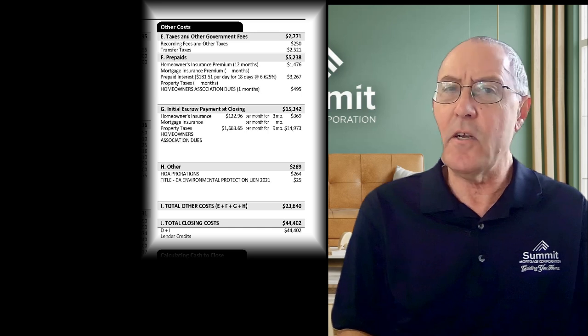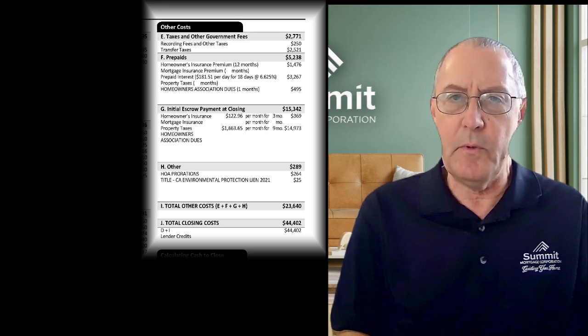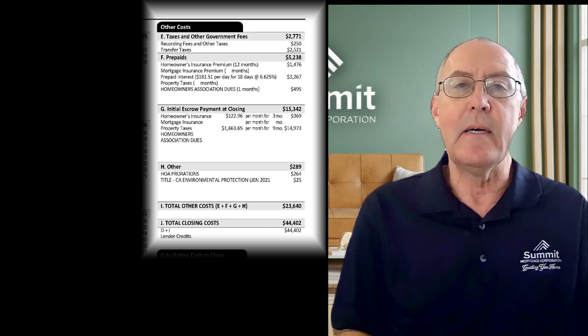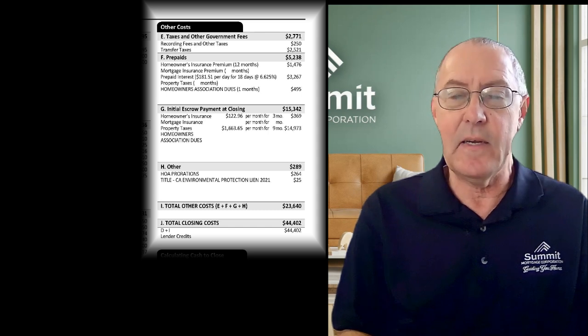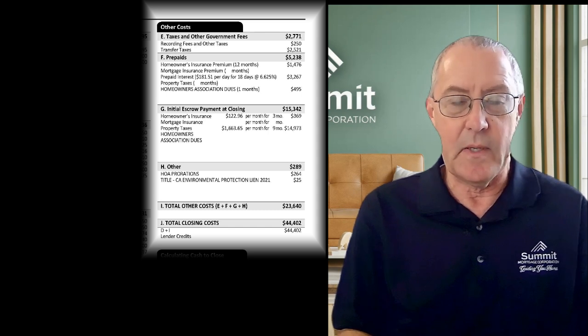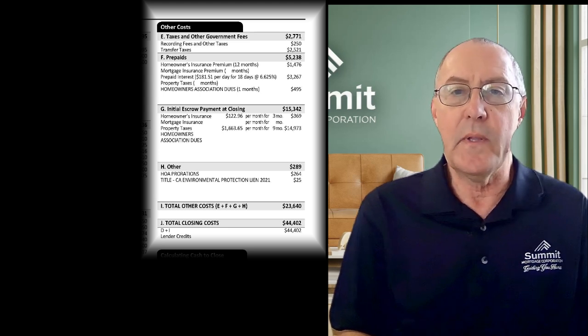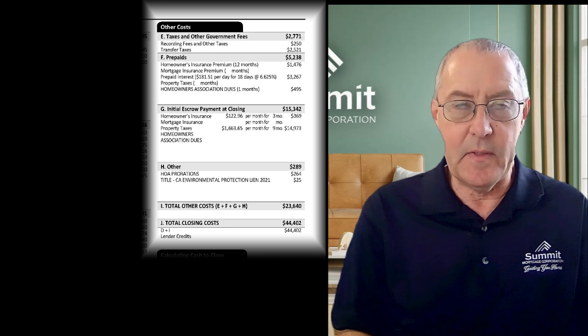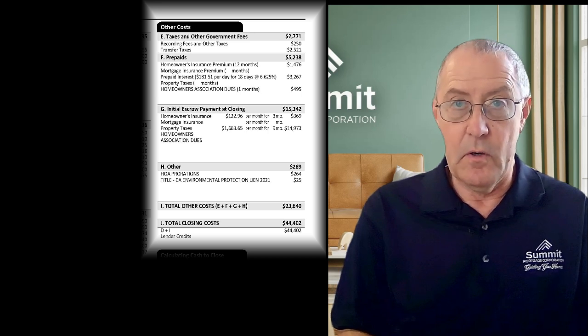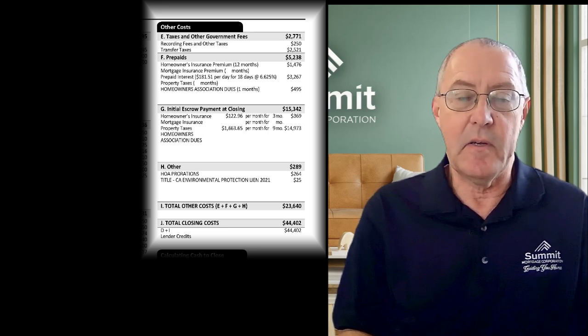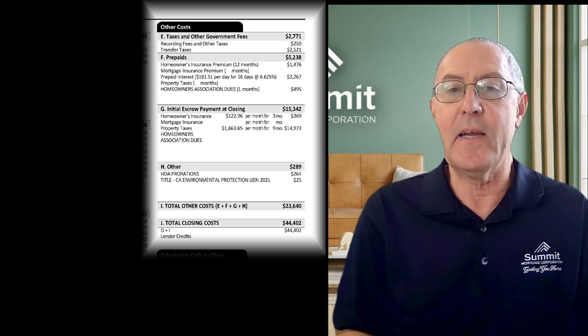So that's not really a cost because you would be paying that anyway. It's more getting that money in the bank, if you will, ahead of time, so it's there fully and ready to go when that cost comes up. And typically, escrow accounts are going to be your homeowner's insurance and some amount of anticipated property taxes.